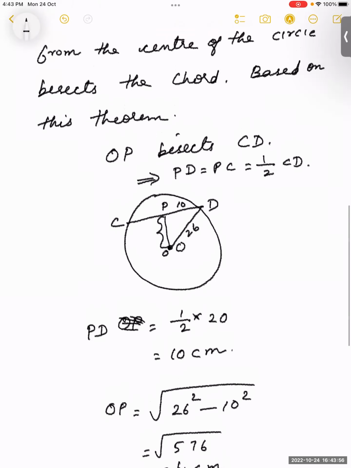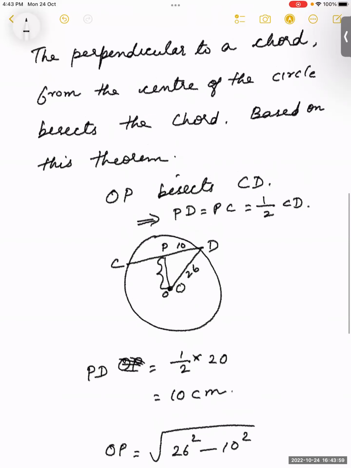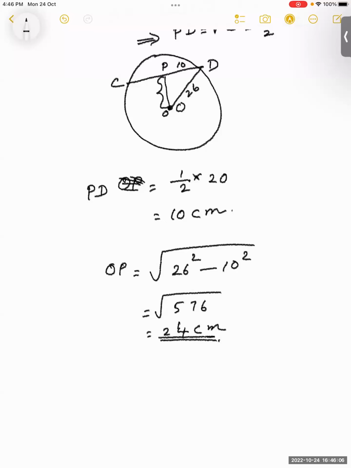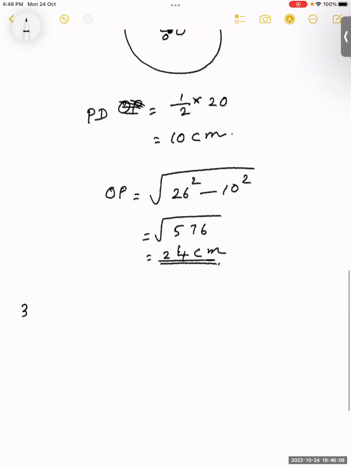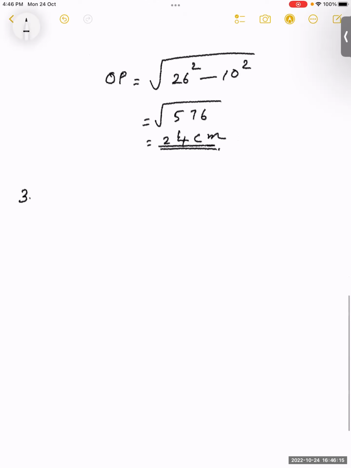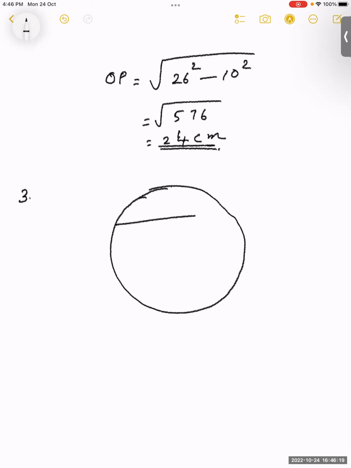So please note it down quickly. Those who did not understand, please write the theorem also. So here, the third question is: chords AB and CD of a circle are parallel to each other. So you have a circle and two chords which are parallel to each other.